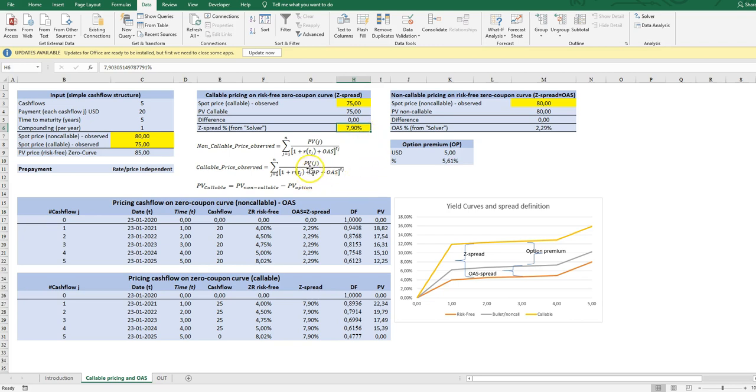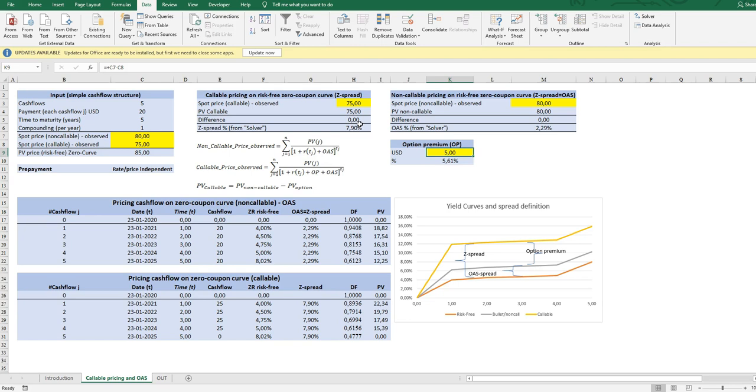And the way I found it was on this formula, where I just have both the option premium and OAS, which is the sum of this is the Z-spread. So now, where we have the Z-spread and we have the OAS spread, we can calculate the option premium.